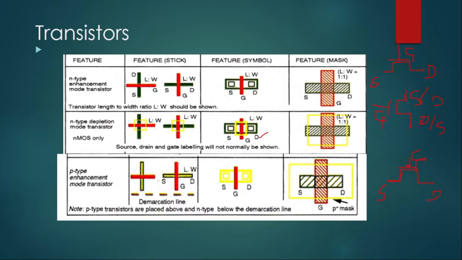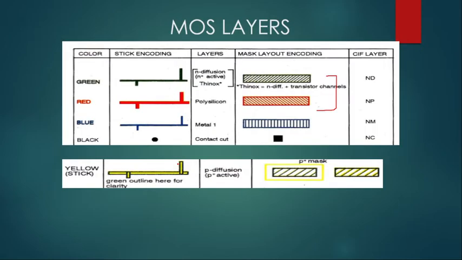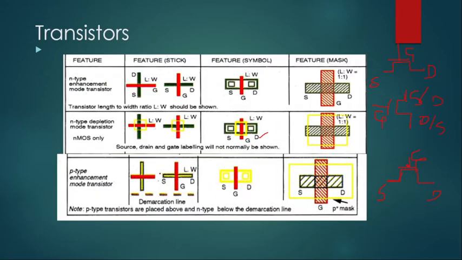For PMOS, what all will you be needing? You will be needing P diffusion and polysilicon. So P diffusion, if you remember, is made up like this: a yellow color line outlined with green color. So here it is also a yellow color line outlined with green color crossing the polysilicon layer.